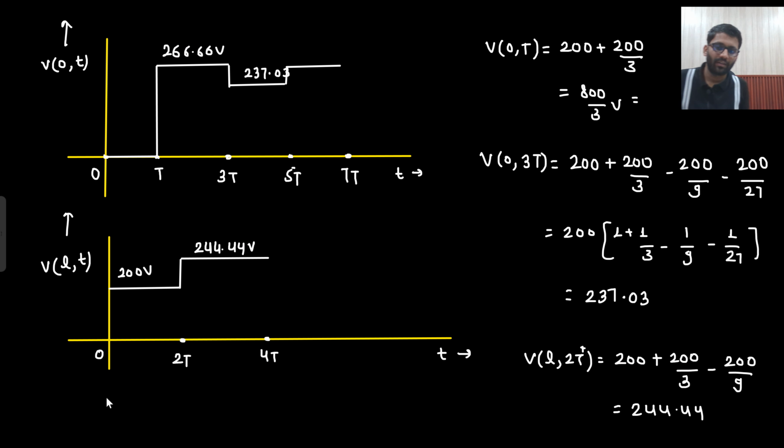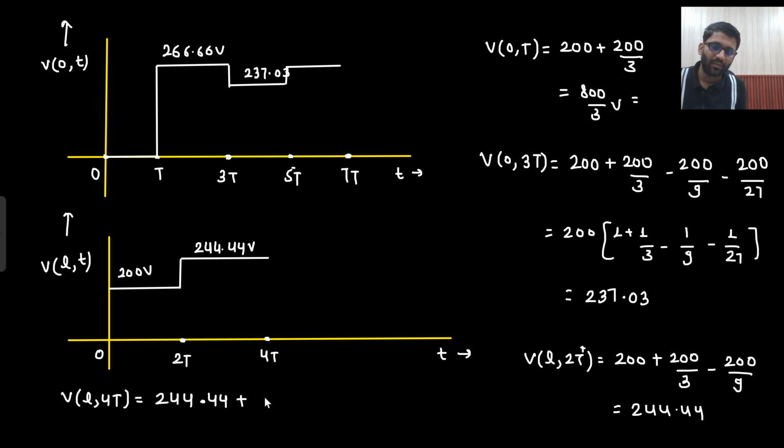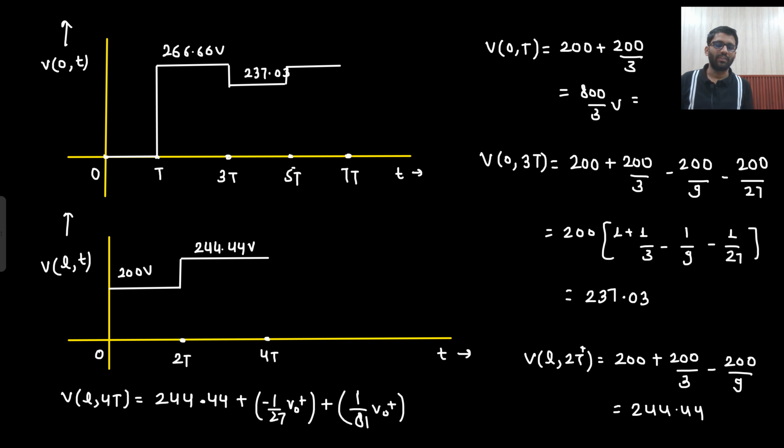So the voltage at 4t is whatever was there till this point, plus these two: minus 1 by 27 V naught plus 1 by 81 V naught plus. Because at 4t you are having 200 by 3 minus 200 by 9, then minus 200 by 27 plus 200 by 81, all these.